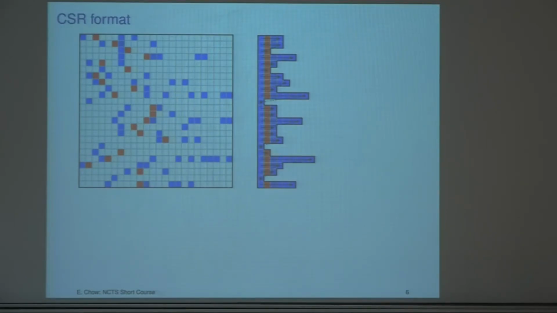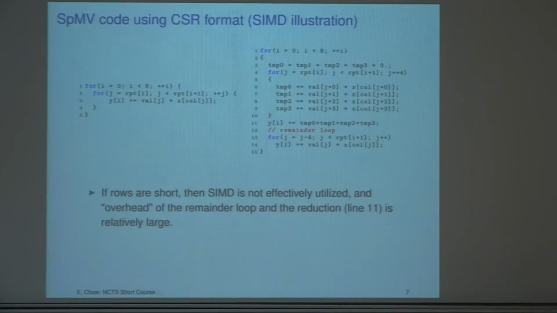If we look at the code for performing sparse matrix vector product with that format, it looks like this. This is what I wrote down last time on the left, although this program doesn't use IA and JA, but maybe slightly more descriptive names. First is a loop over all of the rows. Then a loop over all of the entries in the ith row, where RPT stands for the row pointers.